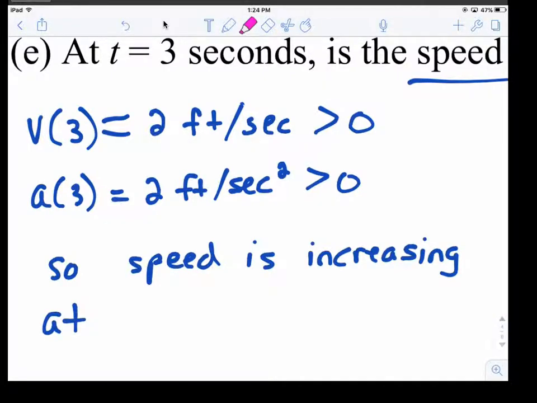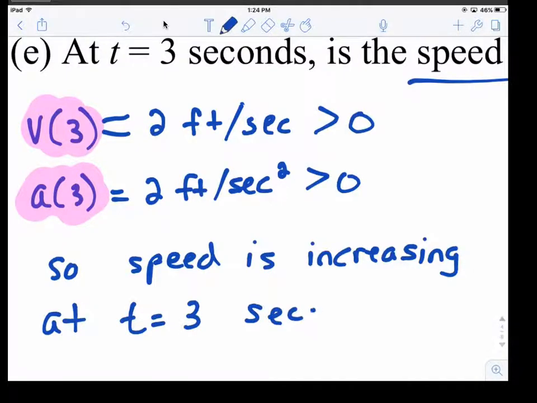This one is velocity, your first derivative. Acceleration is your second derivative. Yeah, you're only concerned with the sign at this point.